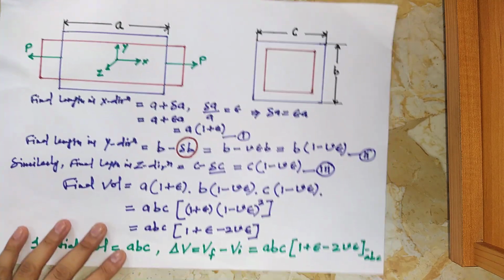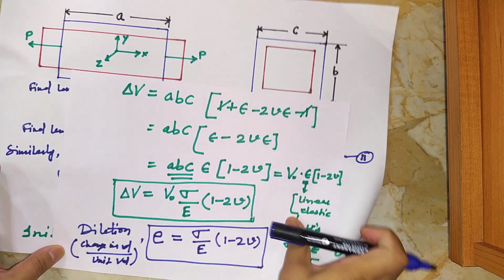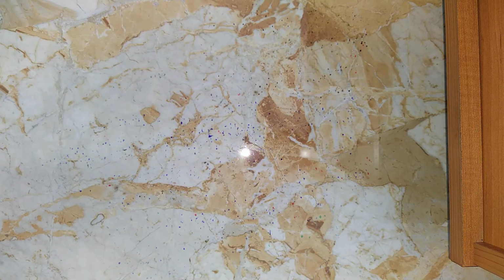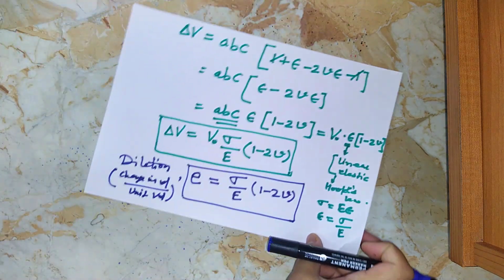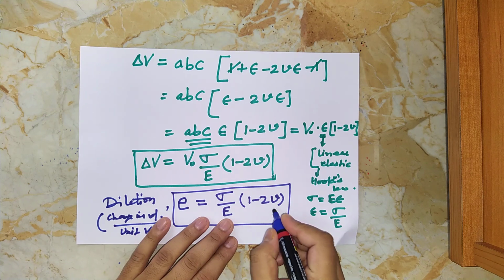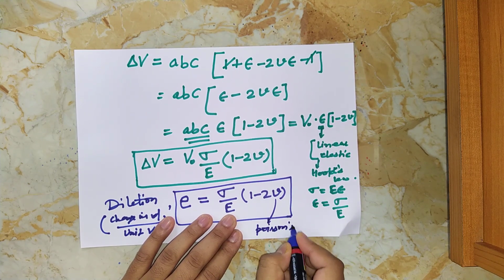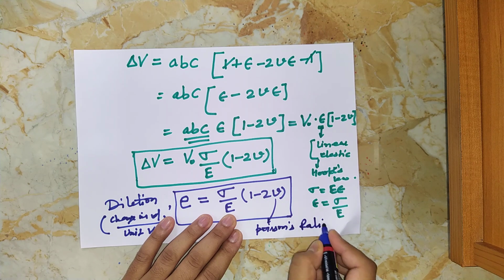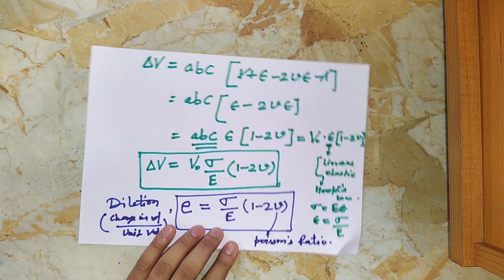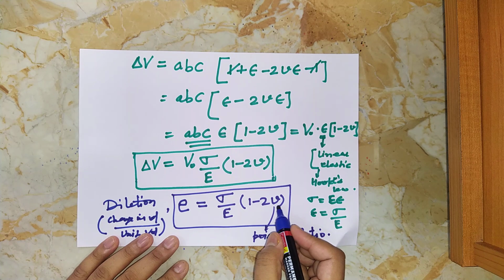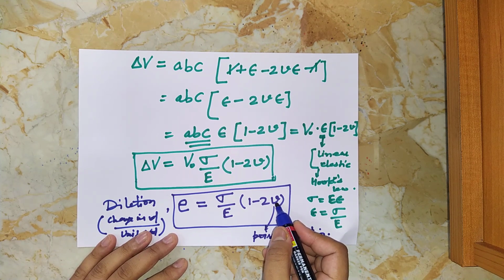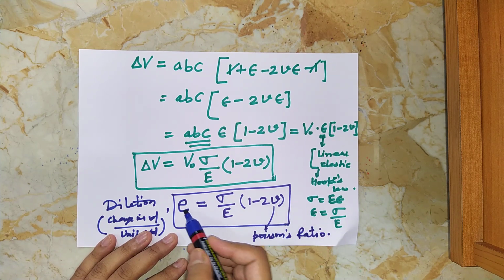Okay. Now let us take a few examples to properly understand what this change in volume means. Here we have already seen that change in volume is a function of Poisson's ratio. So, see, suppose we have a Poisson's ratio value of 0.5, then what will be the change in volume?